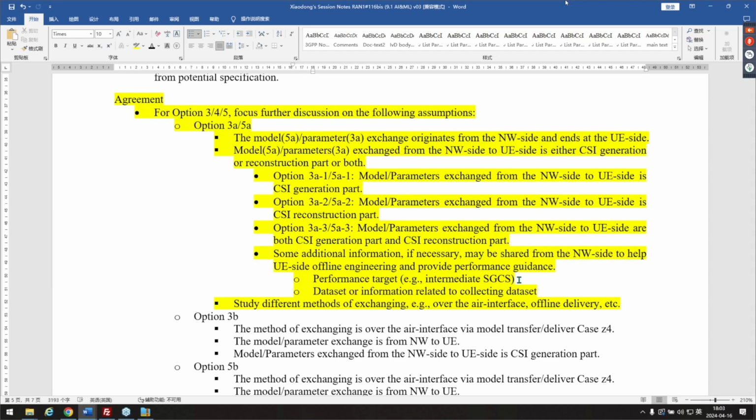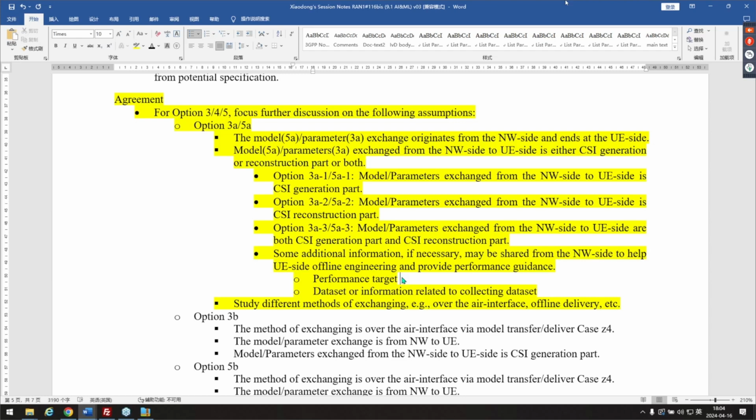So, Mr. Chairman, just add the text: intermediate SGCS of the encoder decoder combined. Then if it is still not clear, I will remove this one. Just for clarification purpose.